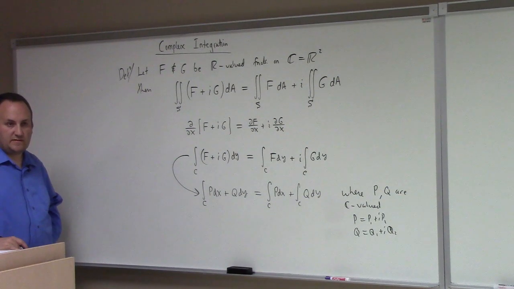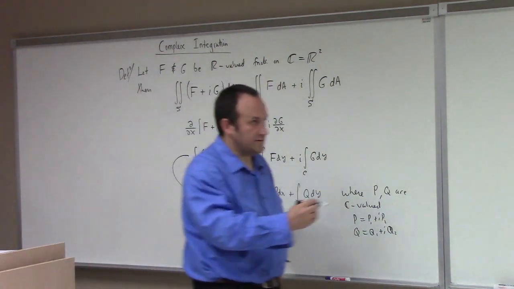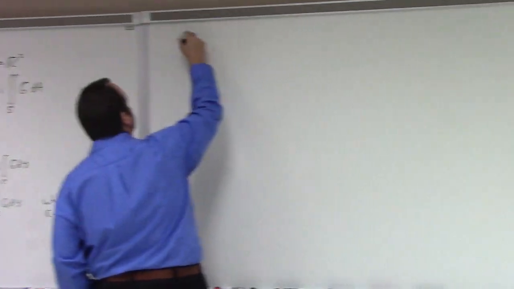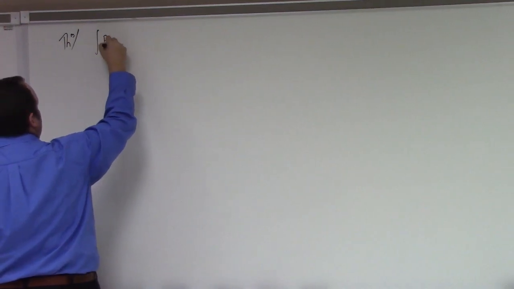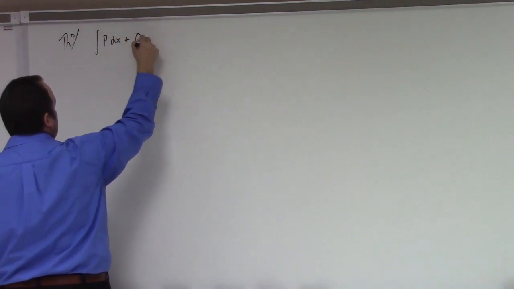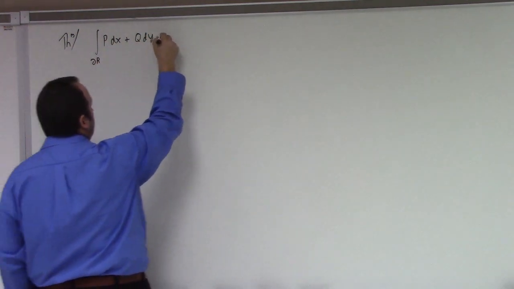Let's look at a non-trivial application of this idea. We can prove Green's theorem over a simply connected region for something like the last thing I wrote. All right, so there's a theorem. What's Green's theorem say? It says the integral of p dx plus q dy over the boundary of some region, right, positively oriented boundary, is equal to the what?